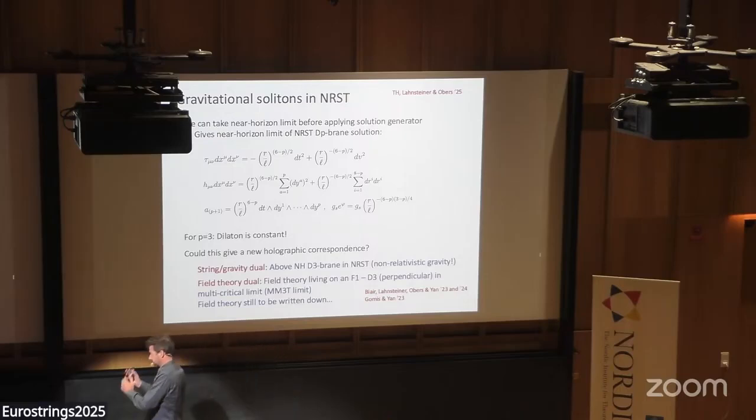So if there is a duality there, it's a background in non-relativistic gravity and most likely some non-relativistic field theory as well. On the field theory side, as far as I know, this field theory hasn't really been written down, but there are some studies of this limit by Ziggy and other people.